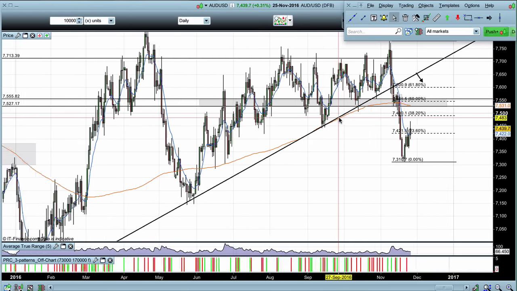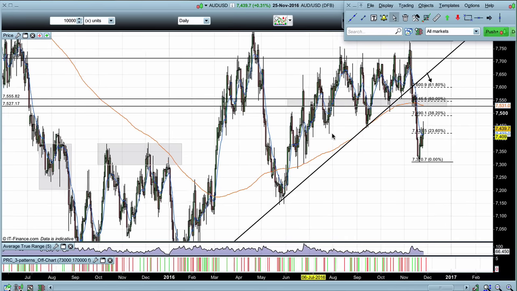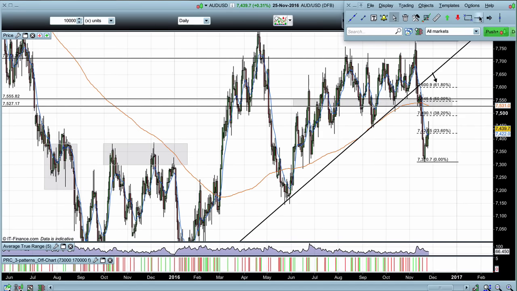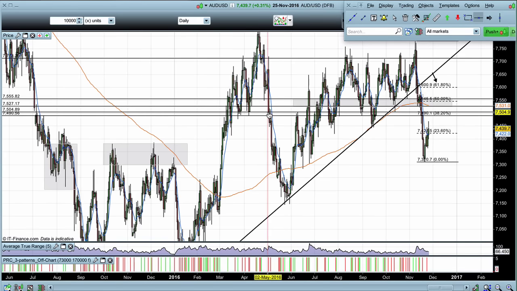Now, where else are we going to look? Let's have a look. We have one right here. It's actually lining up almost perfectly with the 38.2% Fibonacci.